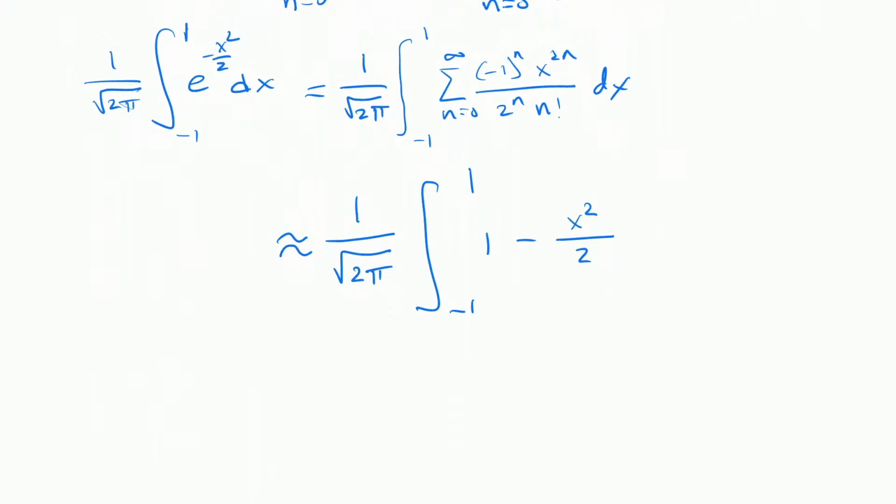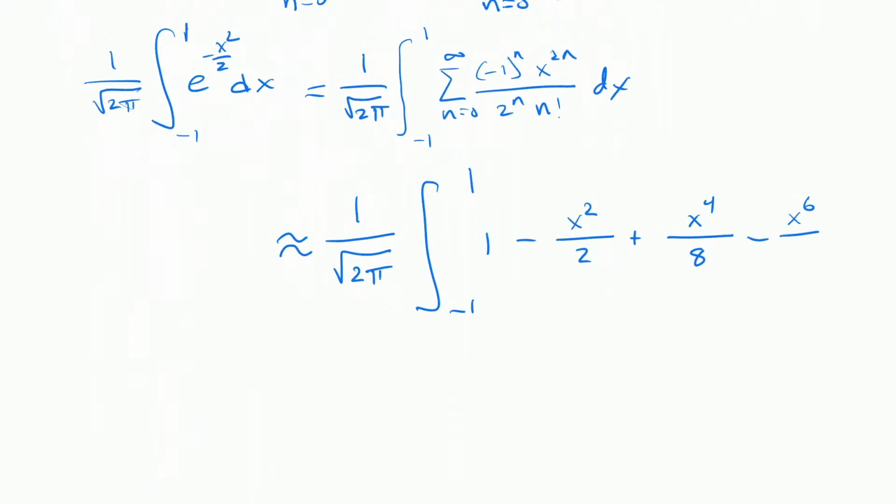Then I'm going to plug in n equals 2, and I get x to the 4th over 8. You can double check my math. When n equals 2, it's 2 squared times 2, which is 8. And then one more term. I'm just going to do 4 terms. So this will be x to the 6th. It's minus because when n equals 3, you get a negative there.